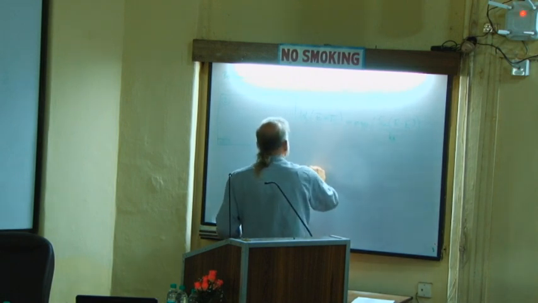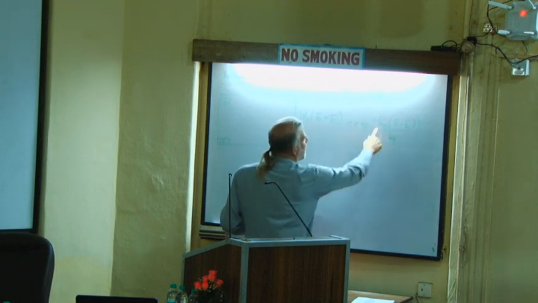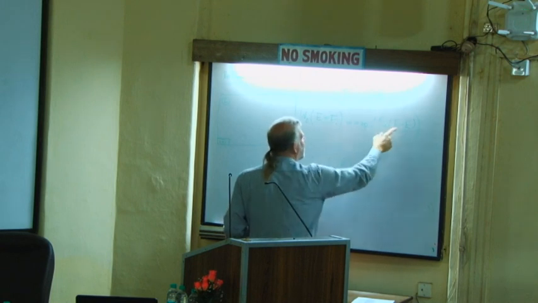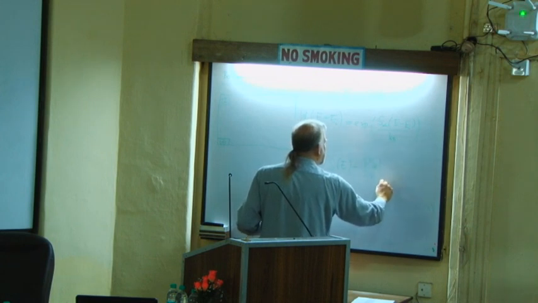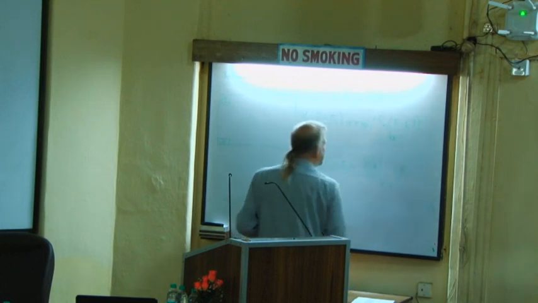Then, since EI is much smaller than E, I can do a Taylor expansion here. So this is S2 of E, and then I get minus dS2 by dE taken at EI equal to 0, times EI.